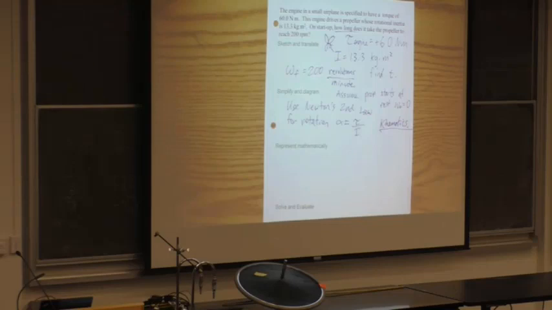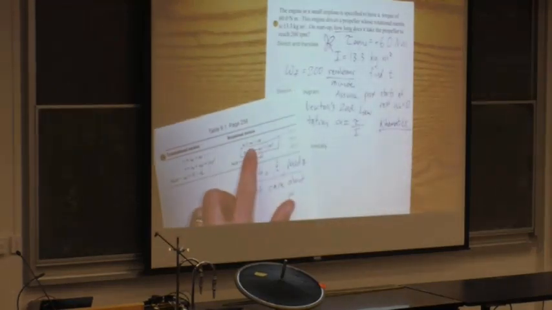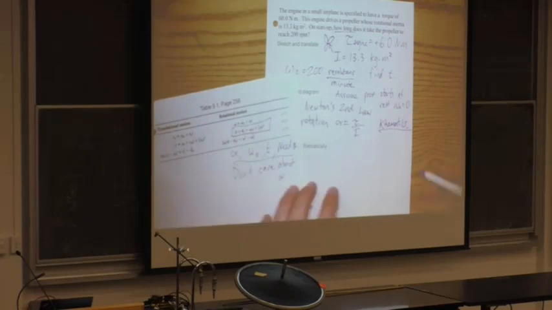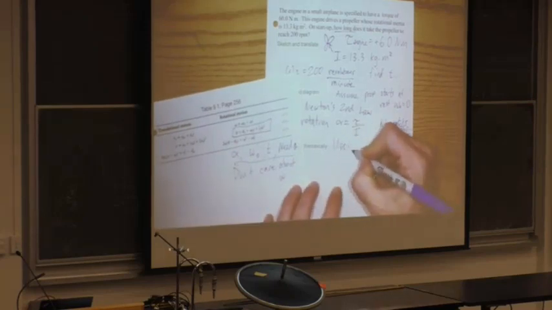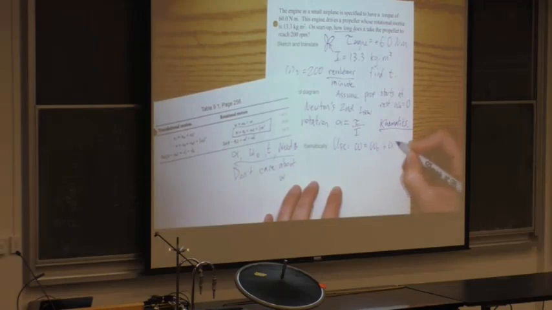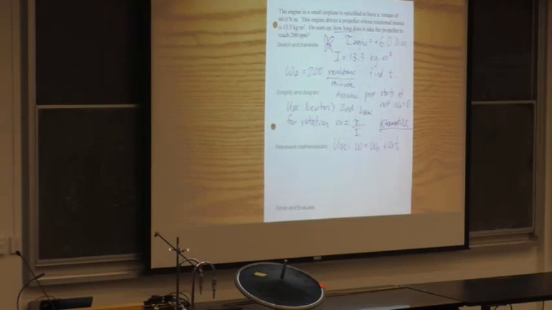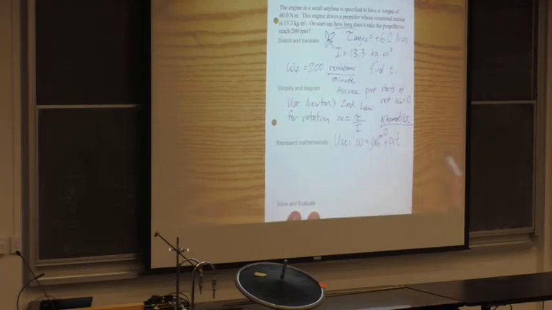We have omega final seems to be important now, and also we've got alpha, and also we've got omega. So I think the one that I'm going to use, let's use omega is equal to omega 0 plus alpha times t. I think that's going to be the easiest one. And omega 0 is equal to 0. And we just solve for t.